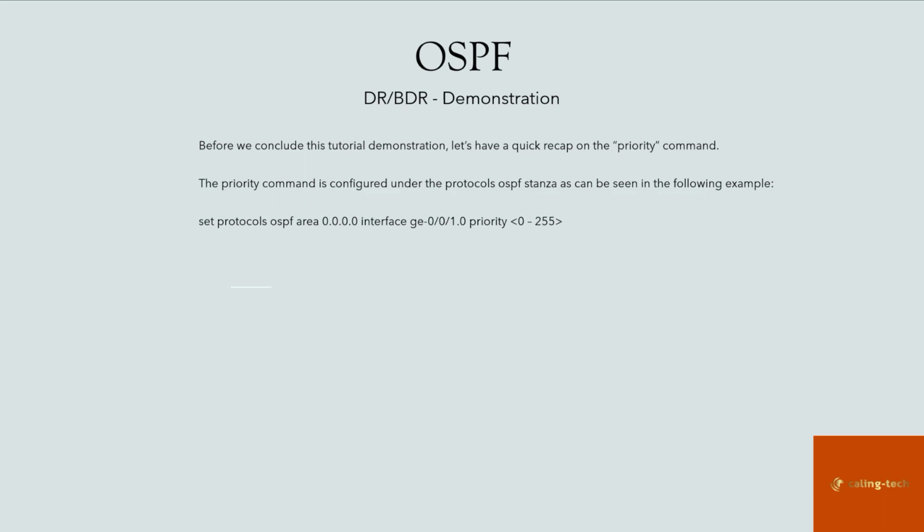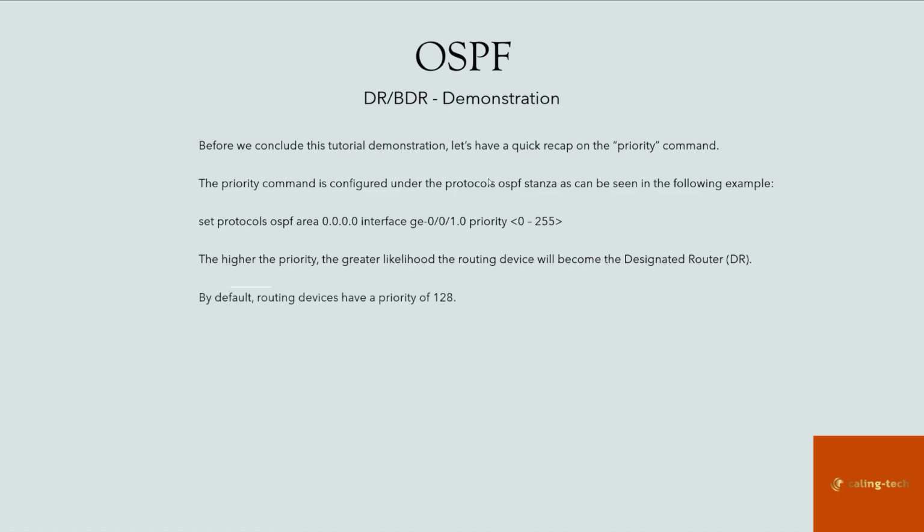In this case, I've noted the backbone 0 area, interface and the interface that you want the priority configured on, and it can be anywhere between 0 to 255. Obviously, the higher the priority, the greater likelihood the routing device will become the designated router, the DR. Okay, by default, routing devices have a priority of 128. This is if you don't set a priority.